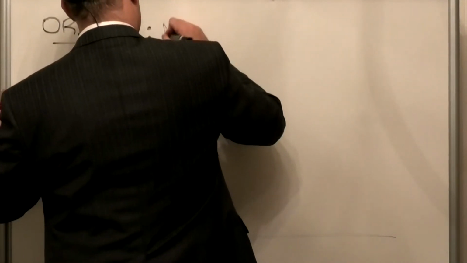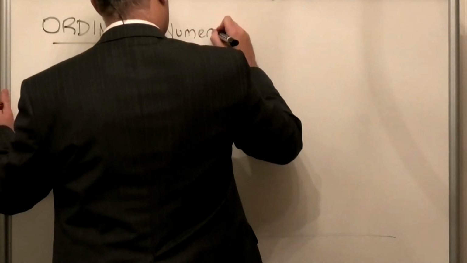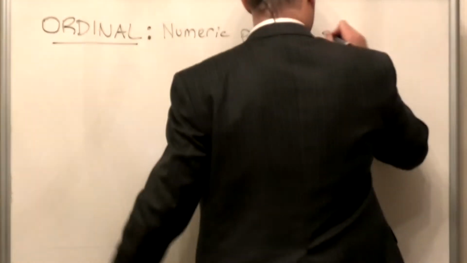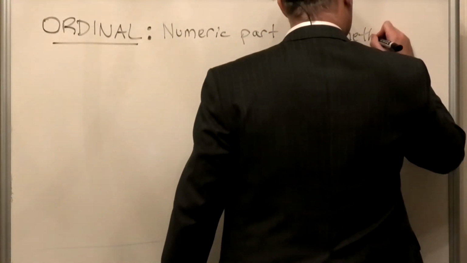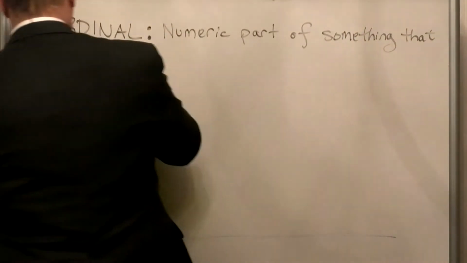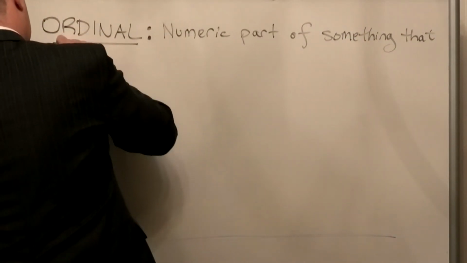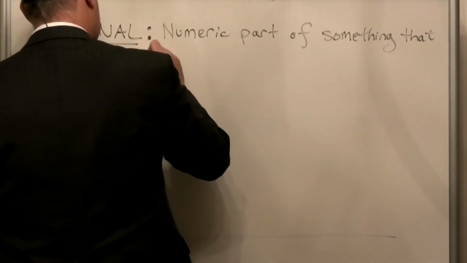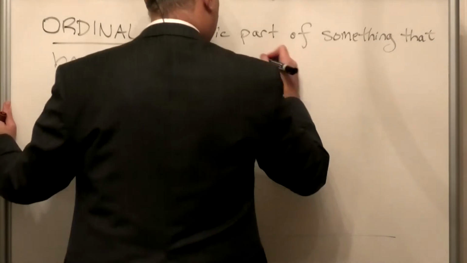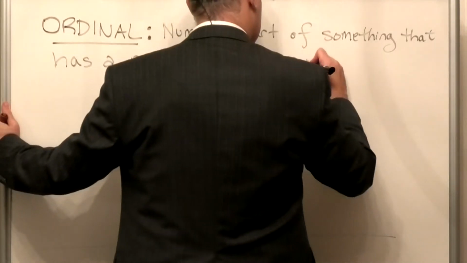Ordinal is the numeric part of something that has a number and a non-number.